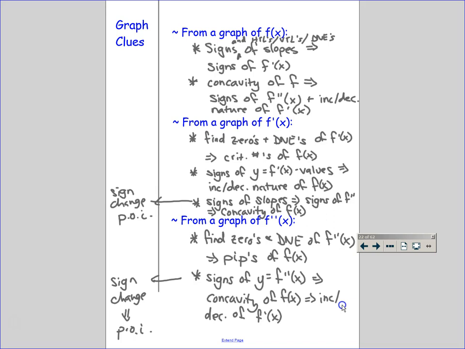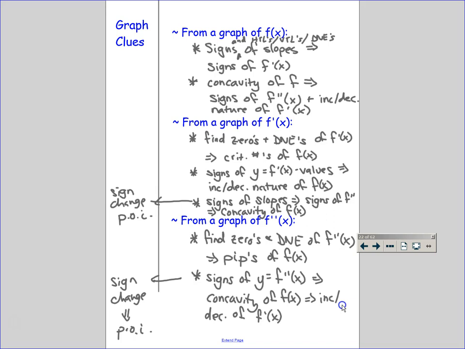If we have an original graph, we can look for that function's HTLs, VTLs, DNEs, look for the domain restrictions, look for the leveling off points, and look for the vertical tangent lines. We can think about the signs of the slopes pointing to f prime. We can think about the concavity pointing to the signs of f double prime, which is also the increasing, decreasing of f prime.